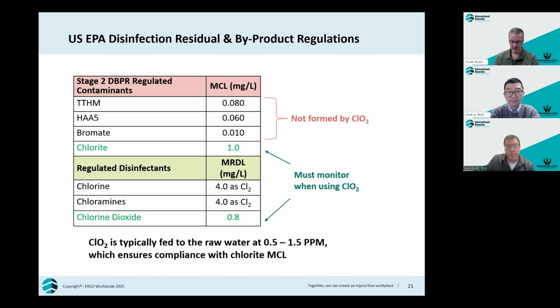So chlorite leaving the plant must be below 1 milligram per liter and chlorine dioxide below 0.8 milligram per liter. Typically, chlorine dioxide is only dosed at about 1/2 to 1.5 part per million or milligram per liter. And so that will basically ensure compliance with these MCLs.